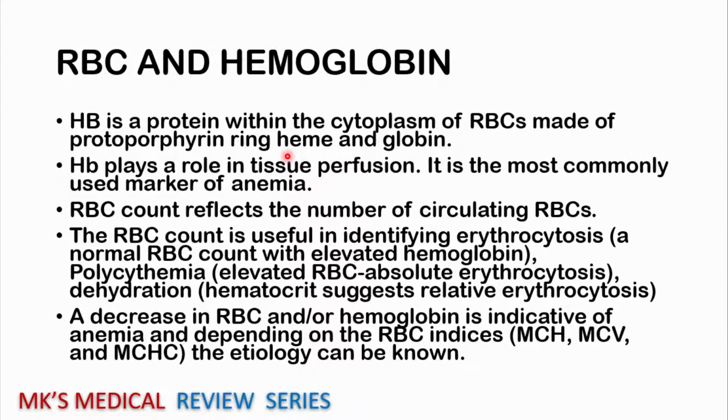Then dehydration can also be used, where the hematocrit is raised and you have relative erythrocytosis. And then a decrease in RBC or hemoglobin is indicative of anemia, and we can use the other indices such as the mean corpuscular hemoglobin and the mean corpuscular volume, as well as the mean corpuscular hemoglobin concentration, to pinpoint the etiology of the anemia.